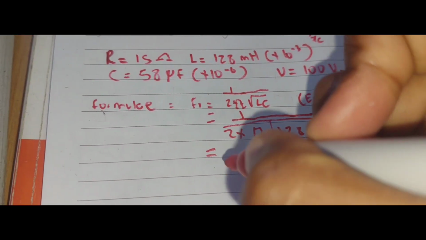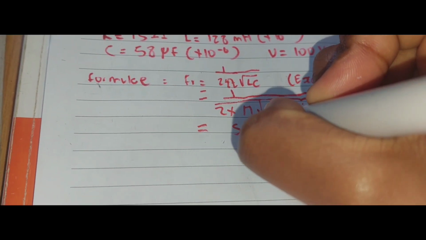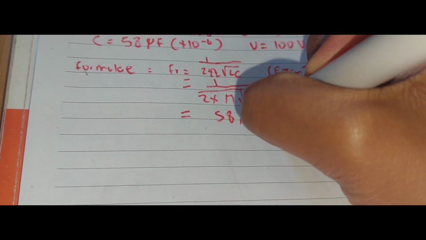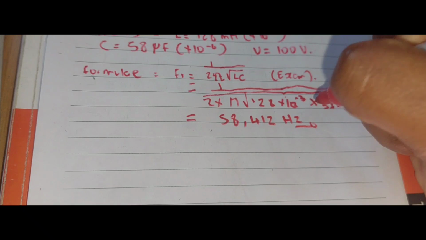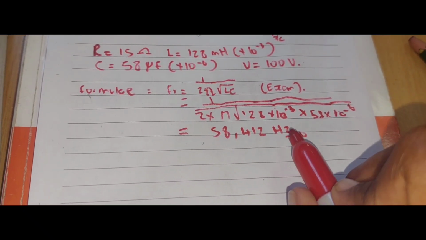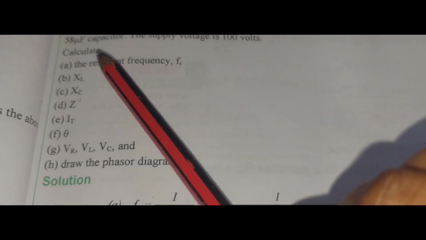What do you guys get? Because I got 58,412. And don't forget to write the symbol, hertz. Don't forget the symbols, guys.